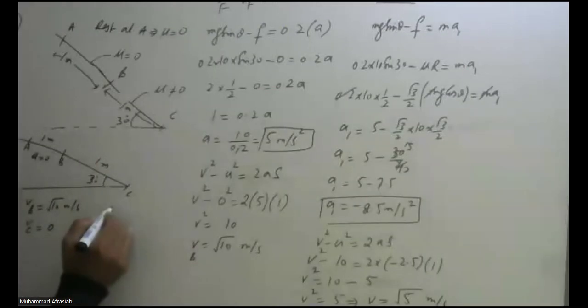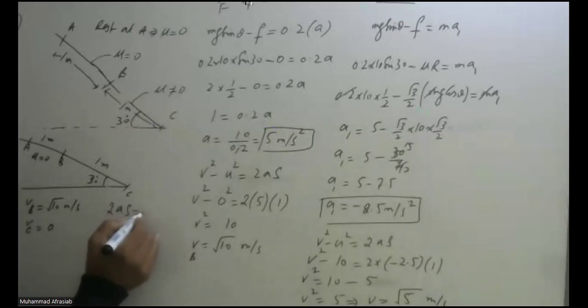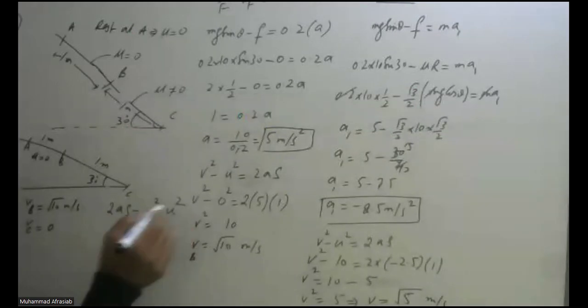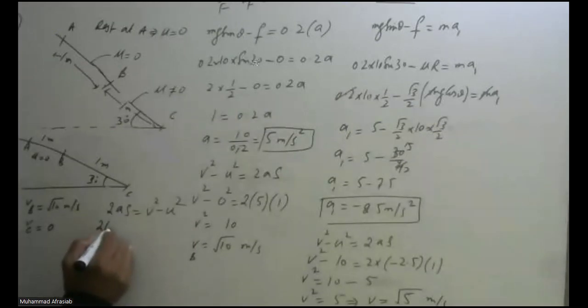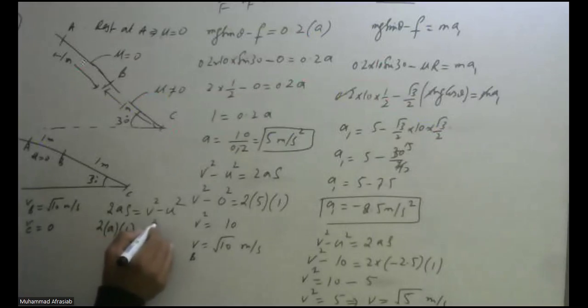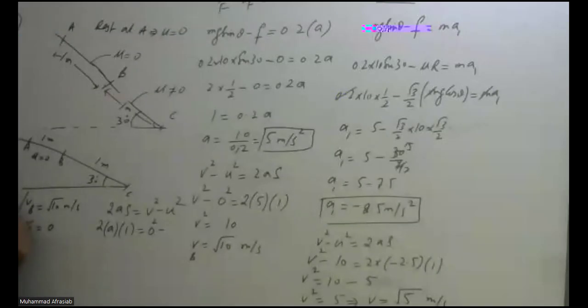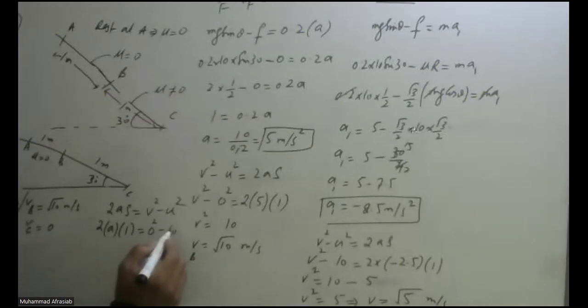So we can use this equation of motion: 2as is equal to v square minus u square, where acceleration we don't know, distance is 1 meter, v square is 0 square minus u square, where u is the initial speed of that particle, so that is minus 10.